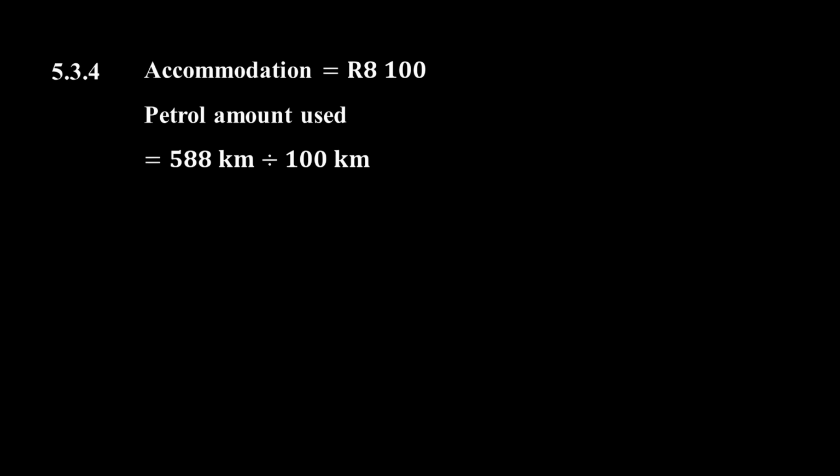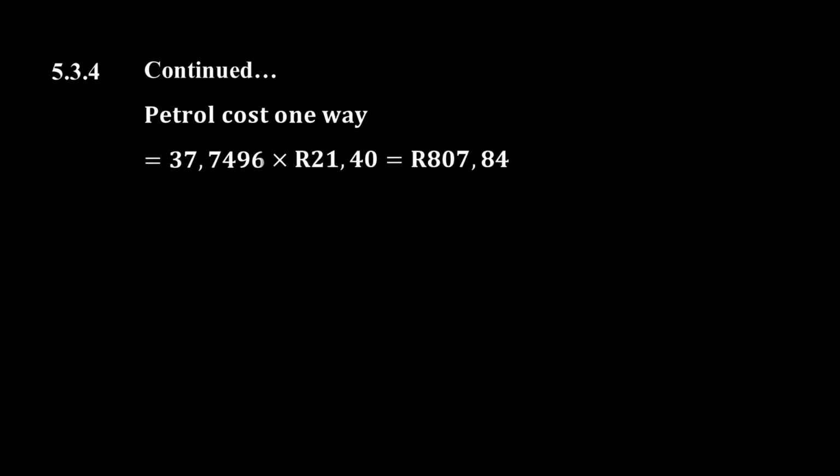This will be 588 divided by 100, which equals 5.88. So the amount of liters of fuel consumed by the vehicle was 6.42 multiplied by 5.88, and this equals 37.7496 liters.